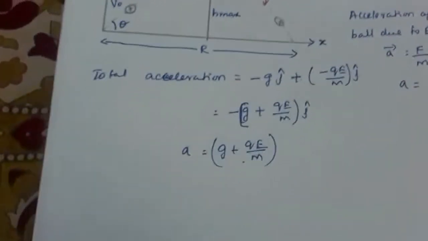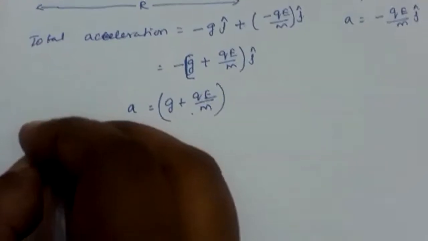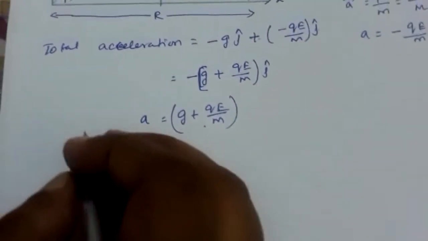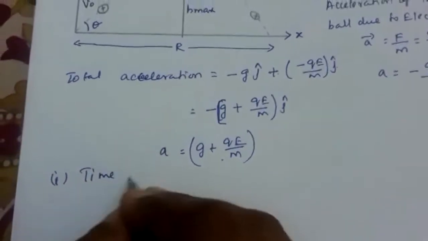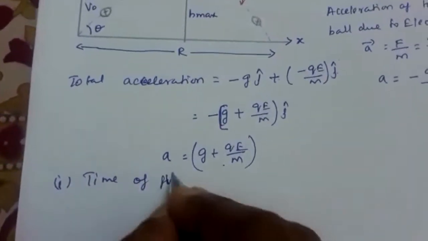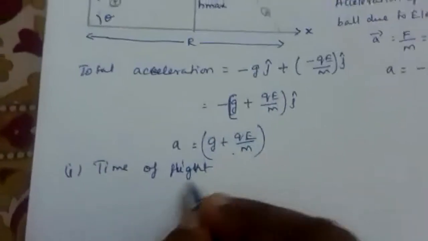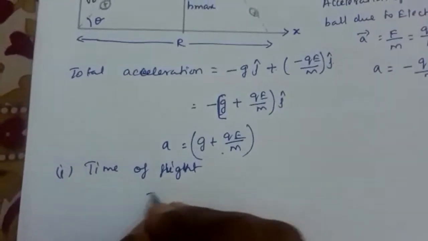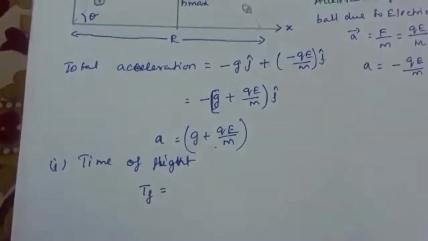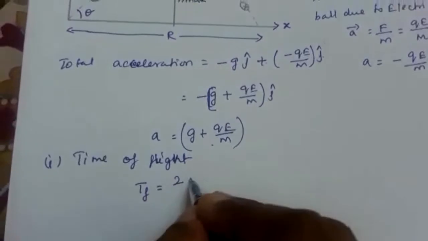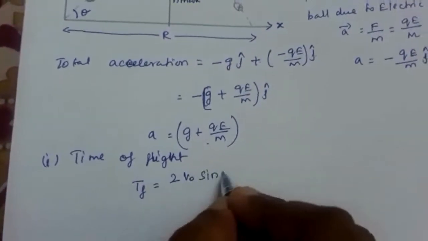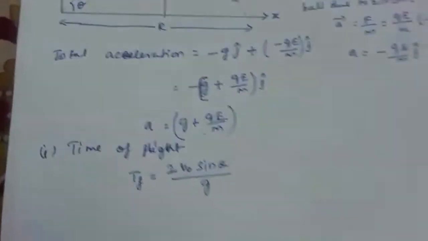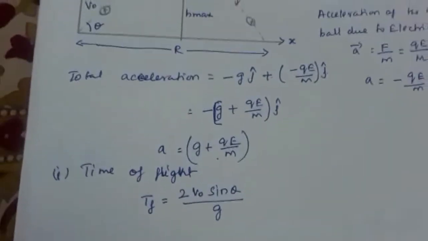Now, we can go for finding out the time of flight, range and maximum height. So, first the time of flight. The formula is Tf equal to 2 v0 sine theta by g. Here the initial speed is v0.